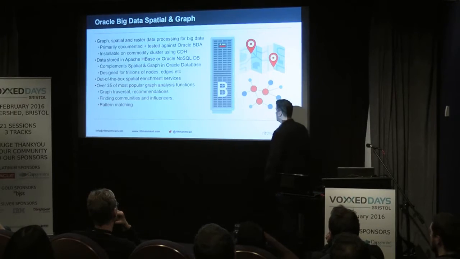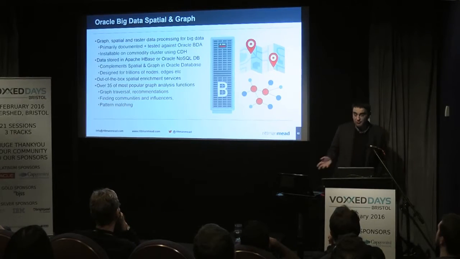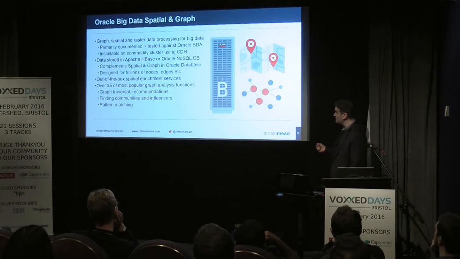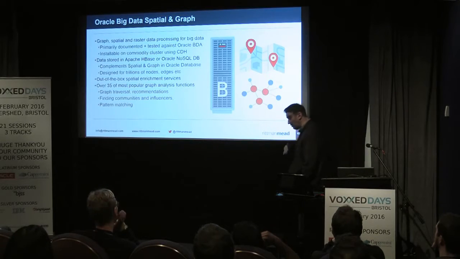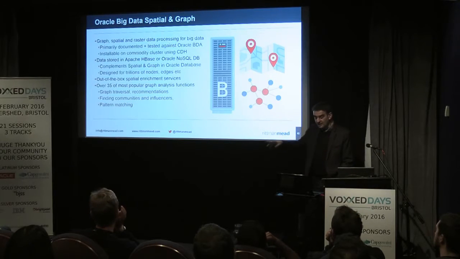So there's a product from Oracle called Oracle Big Data Spatial and Graph, which will run either on-premise or in the cloud as well. We can use this software, another Oracle service, to help us understand in a property graph way who the influencers are.